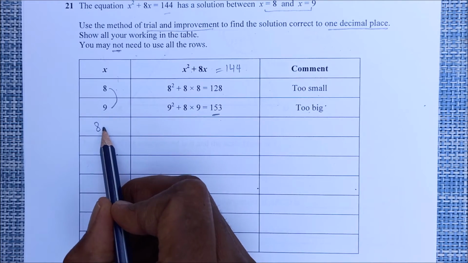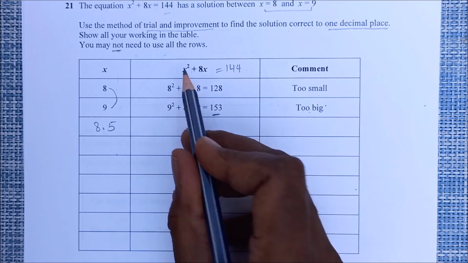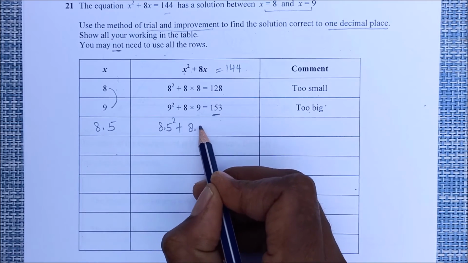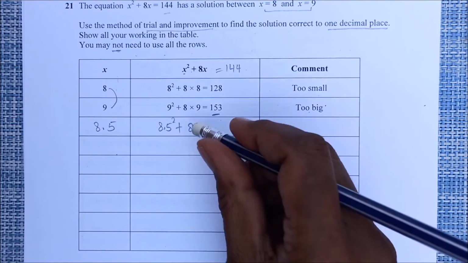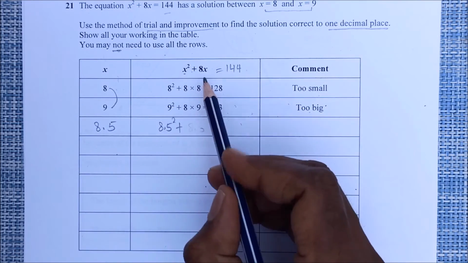We can start with 8.5. So if x is 8.5, it will be 8.5 squared plus 8 times 8.5, that is x squared plus 8x.